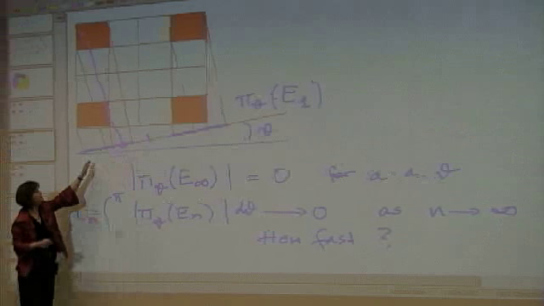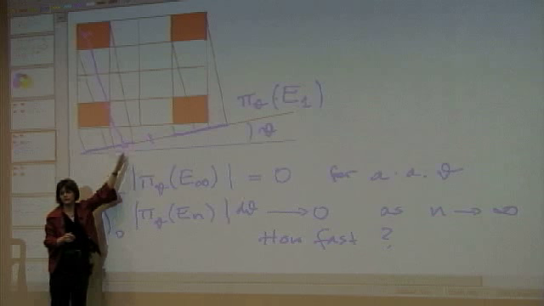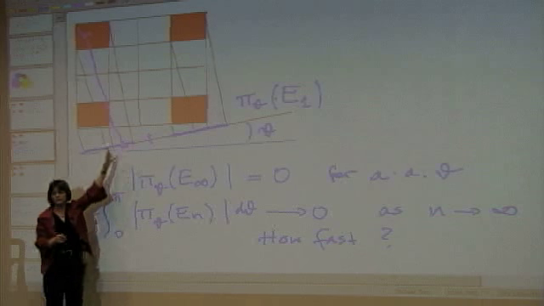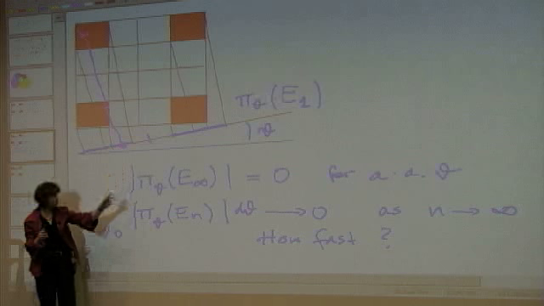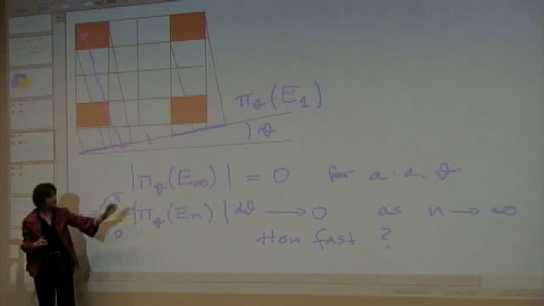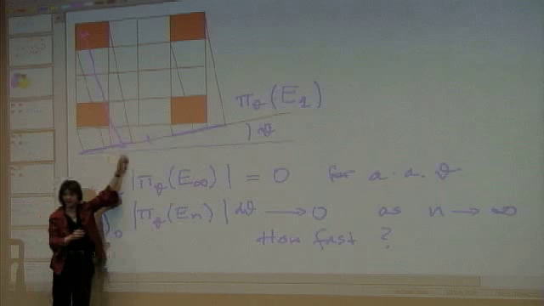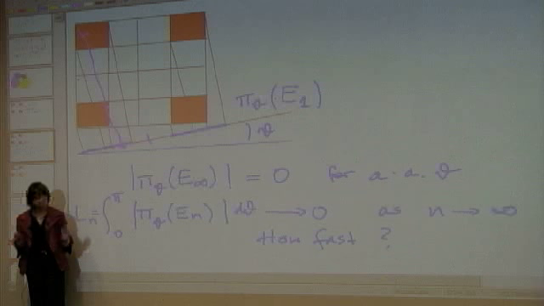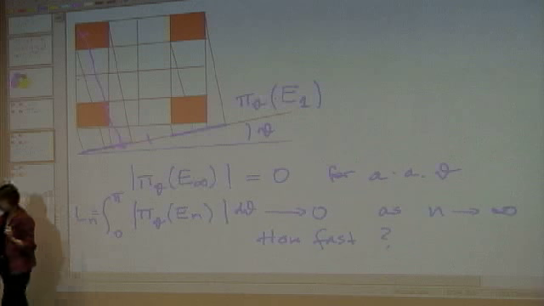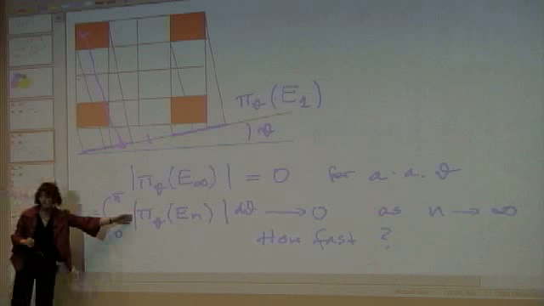That means that most points here are going to have low multiplicity. There is not going to be a lot of squares projected to them. And that basically converts to a small L2 norm of the counting function for the given direction. So if the L2 norm is small for most directions, you get an estimate here from above.